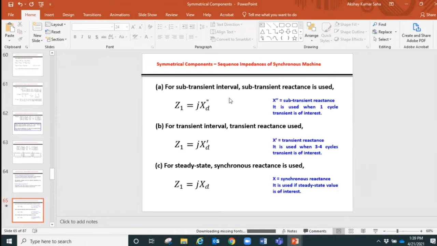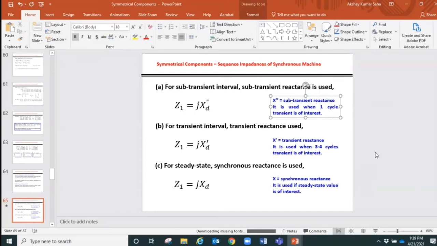So for subtransient, our interest is only in one cycle, meaning the time taken to complete one cycle at that frequency of operation. If it is 50 hertz, it will be 20 milliseconds.